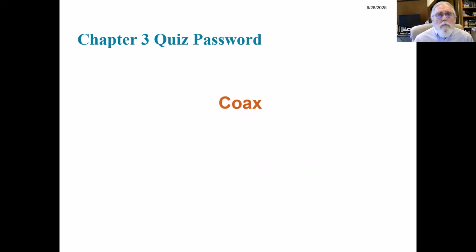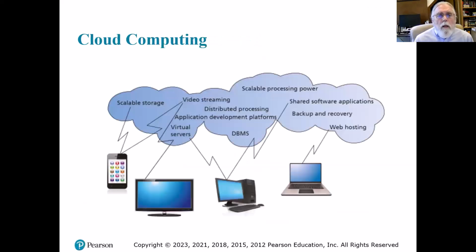And so I'll be moving on now to talk a little bit more about cloud computing. There are some really positive things about cloud computing. One of the great things is backup and recovery.